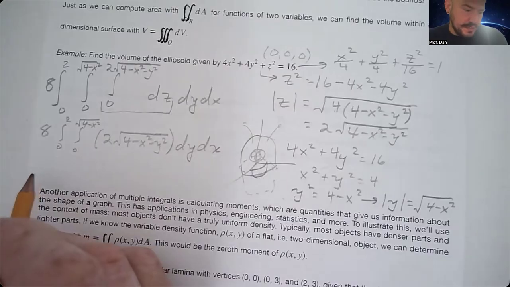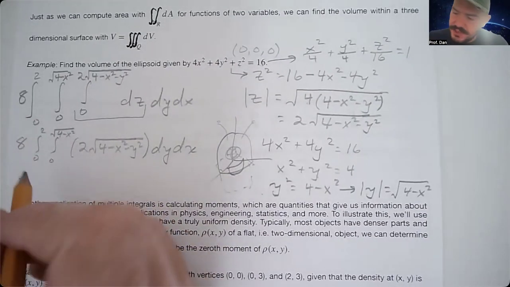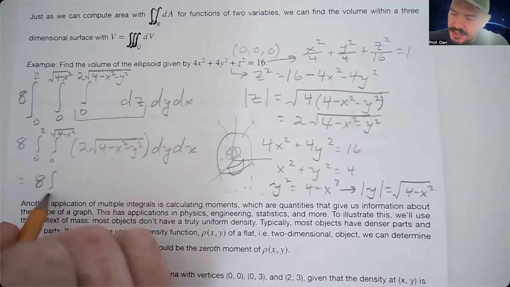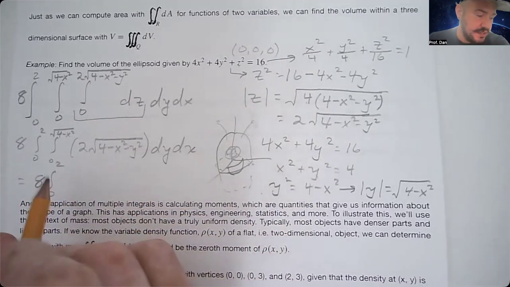Based on what the textbook tells you, we have 8 times the integral from 0 to 2. We still haven't done the outermost integration yet.